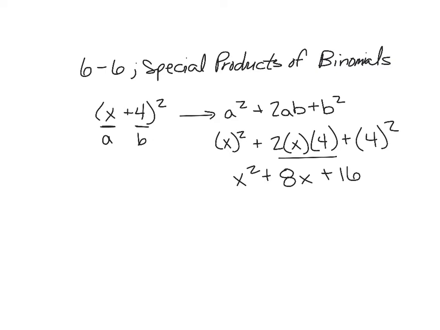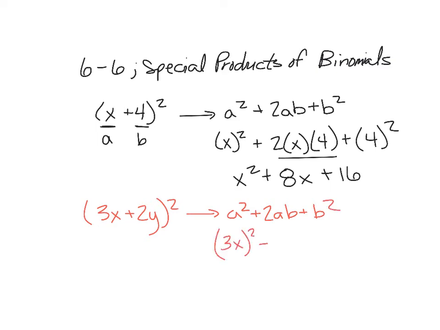Or if you had something like 3x plus 2y squared, you could still write it as a squared plus 2ab plus b squared. So you would have 3x squared plus 2 times 3x times 2y plus 2y squared.